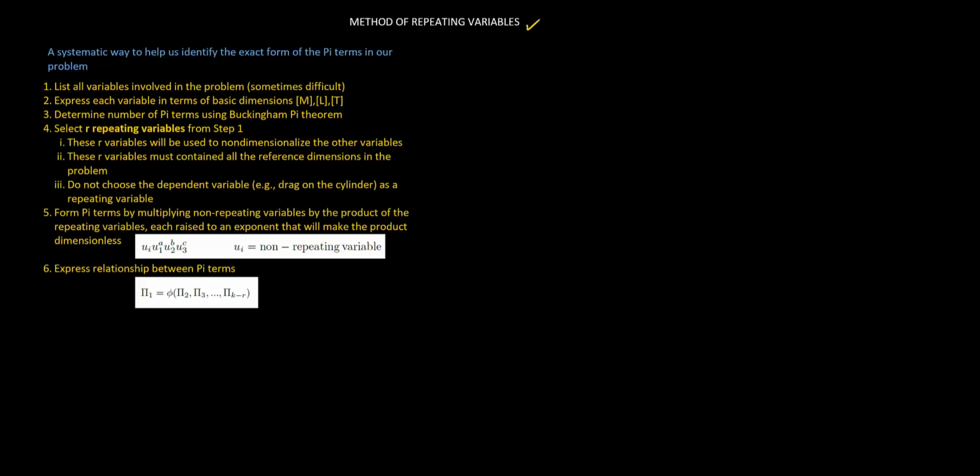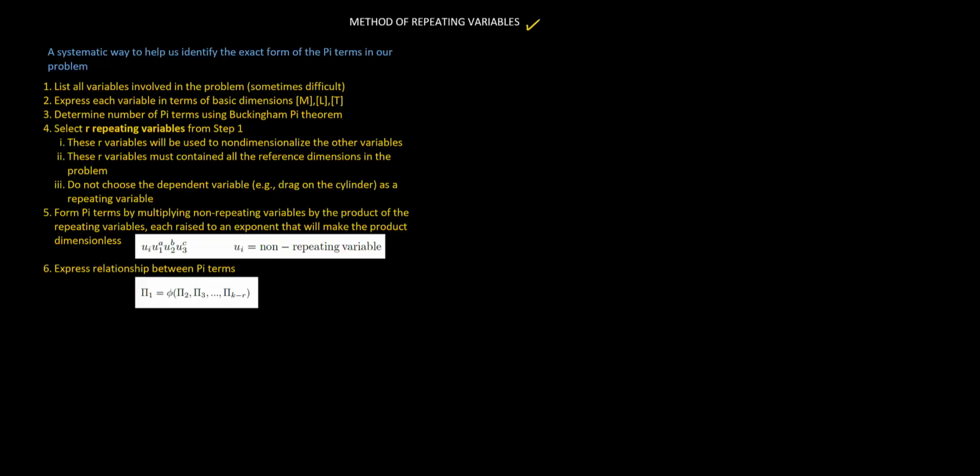There are certain constraints on the selection of these r variables. One of these is that these r variables must contain all the reference dimensions in the problem. So again, if we've noticed that we have M, L, and T dimensions that appear in our list of variables, and let's say we find that r is equal to 3, then the combination of these 3 variables must contain all the reference dimensions in the problem.